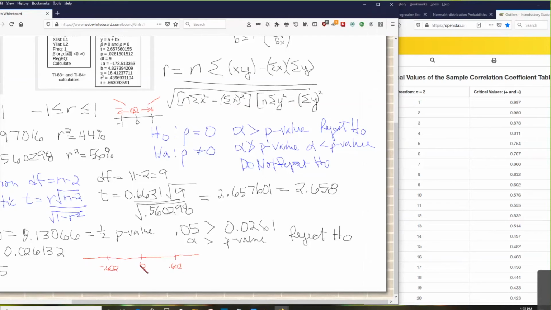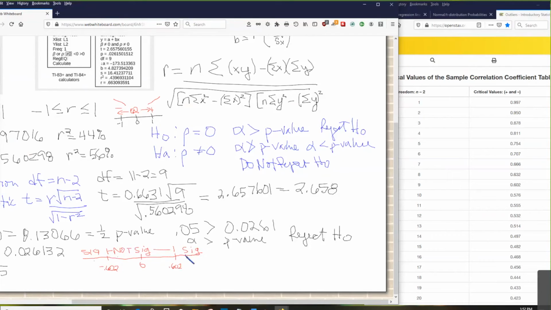And if our R value is between these two values, then it's not significant. If it's outside, if it's either greater than or less than, then it's going to be considered significant. So then we look at our R value, which was 0.6631.